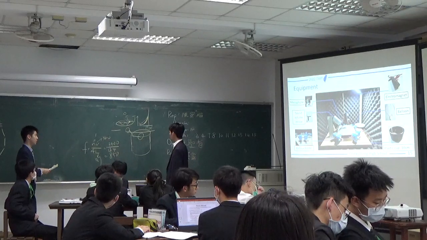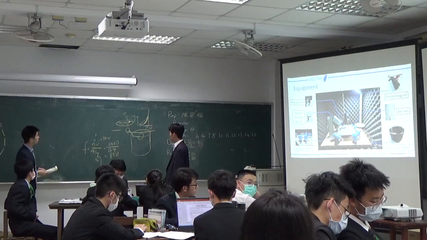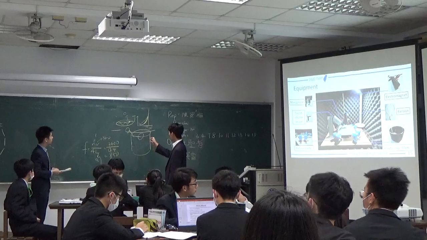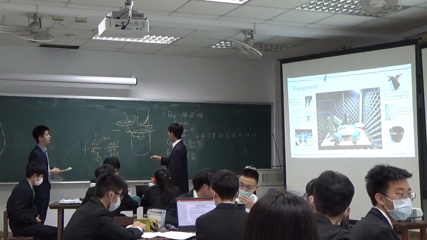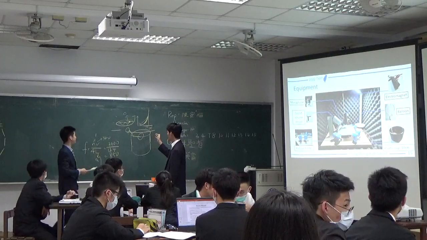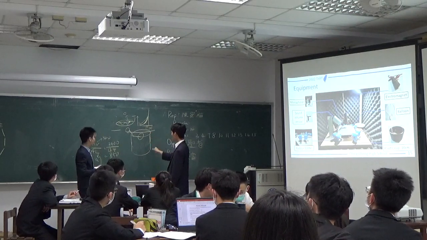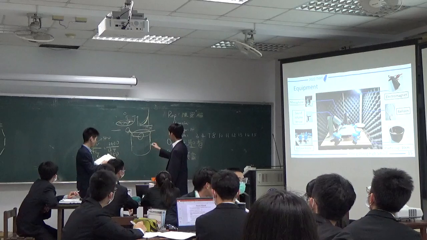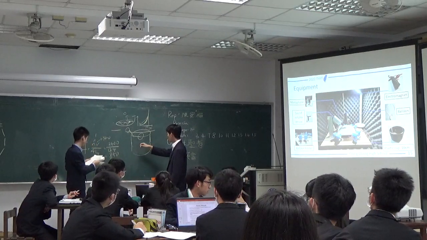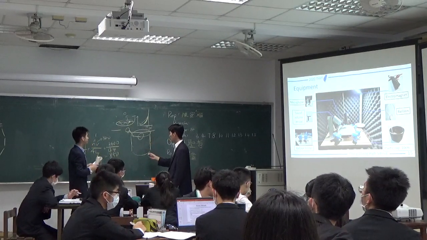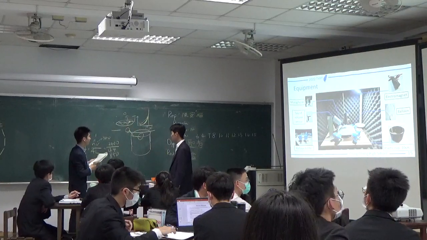So what's your final statement here? So we do not think that the frequency will depend on the cylindrical plastic cup over here, but we do think that the air could be echoing inside the plastic cup, so it would have a bigger sound.